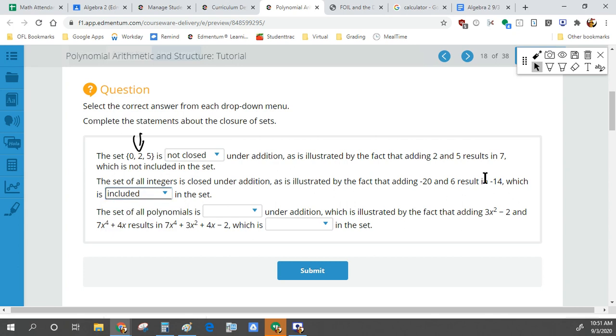Negative 14 is included, so that means it is closed. The set of polynomials under addition, so if we're doing this plus this, we get this. So this would be closed, and it is included. So is this a polynomial? Yes, it is. So when we add them together, it's closed.